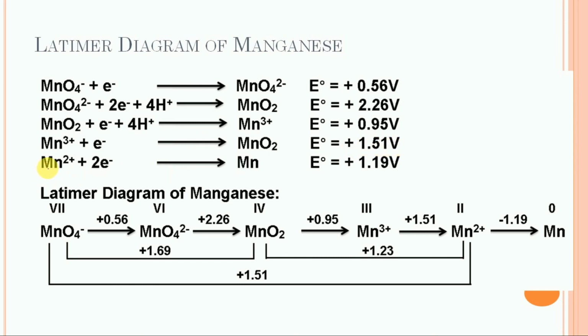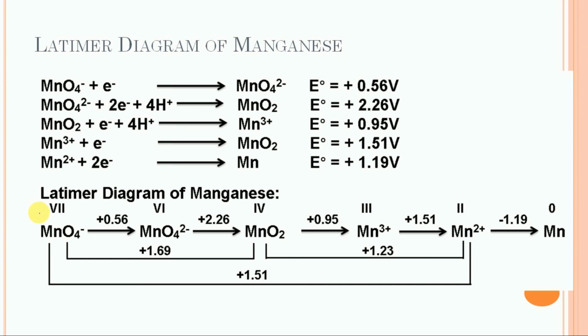The last equation shows the change of manganese from 2 positive to 0, and the electrode potential is equal to 1.19 volt. And this one is the Latimer diagram for manganese.